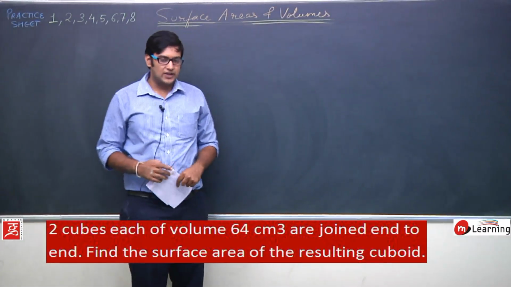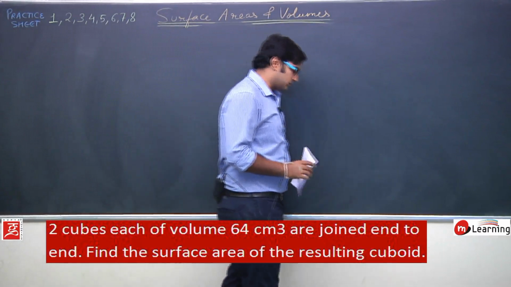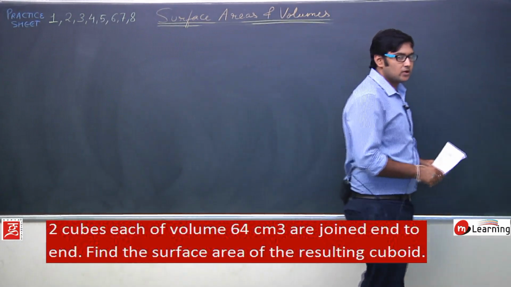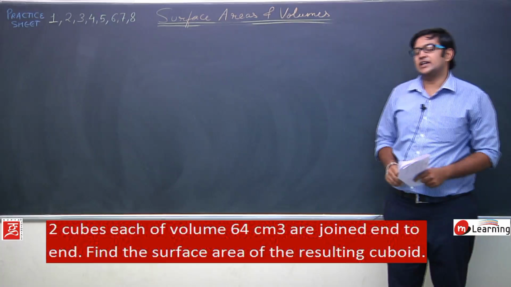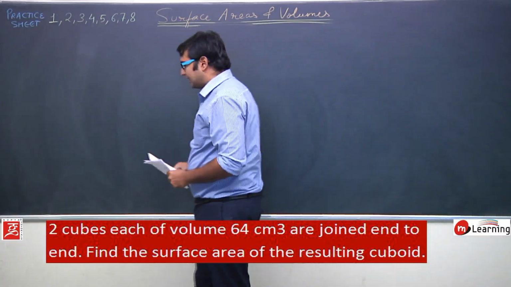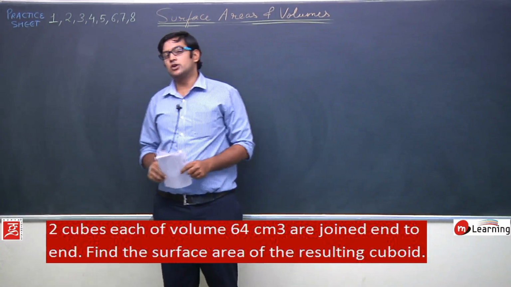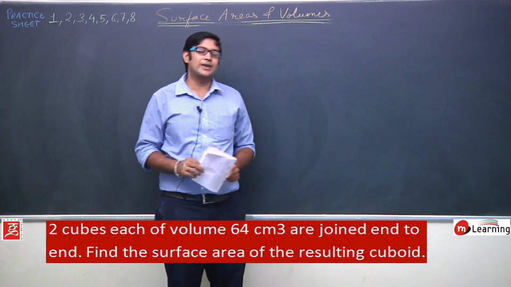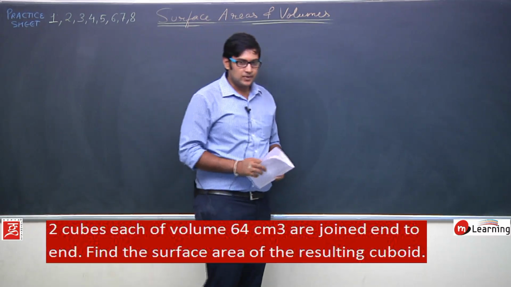Okay, so we have discussed the introductory part of this chapter. We have discussed what are different kinds of solids that are available, solid figures. We have calculated their areas, their volumes, their surface areas, their area of base and all other things.